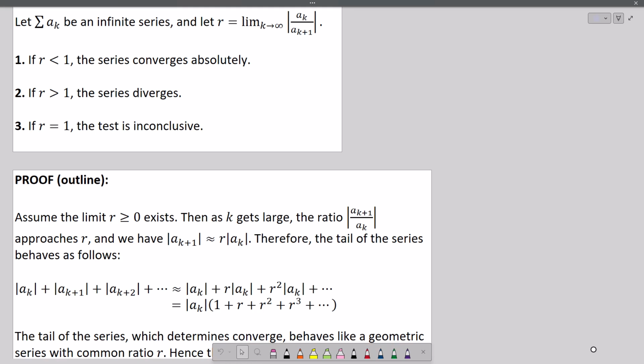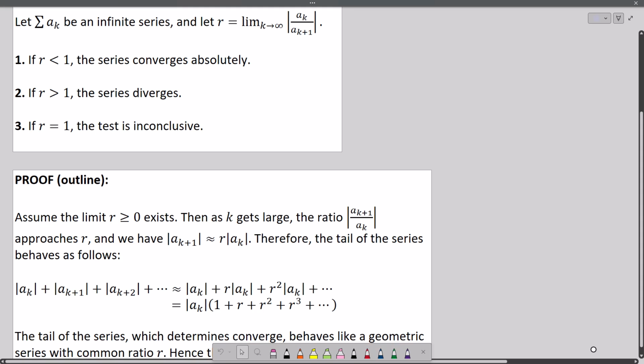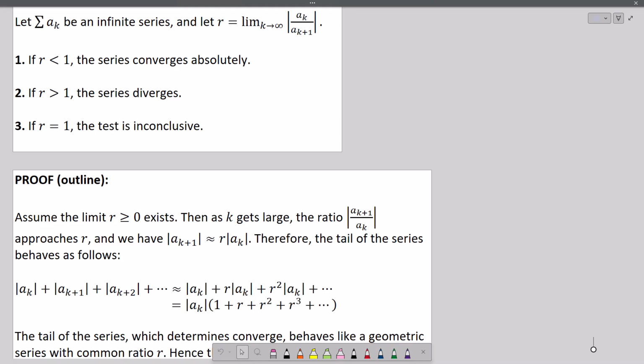In Chapter 11, we put a variable into the mix, and we have something called a power series, which is a series of powers of x. Every single value of x creates an infinite series. So instead of just one little infinite series of numbers, every single x that you put in generates its own infinite series.